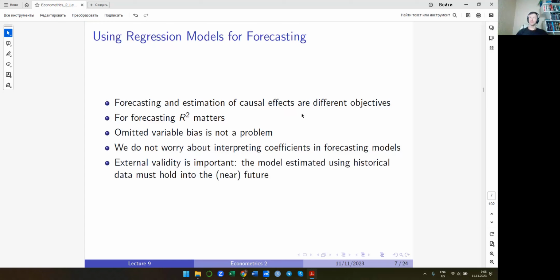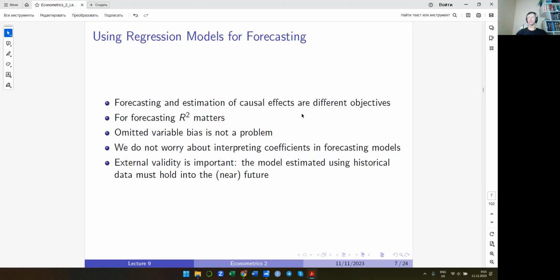And external validity here is also important. If we estimate the model using historical data, the same properties must hold in the near future, which is of utmost importance. This is probably the most important thing for the whole time series understanding.